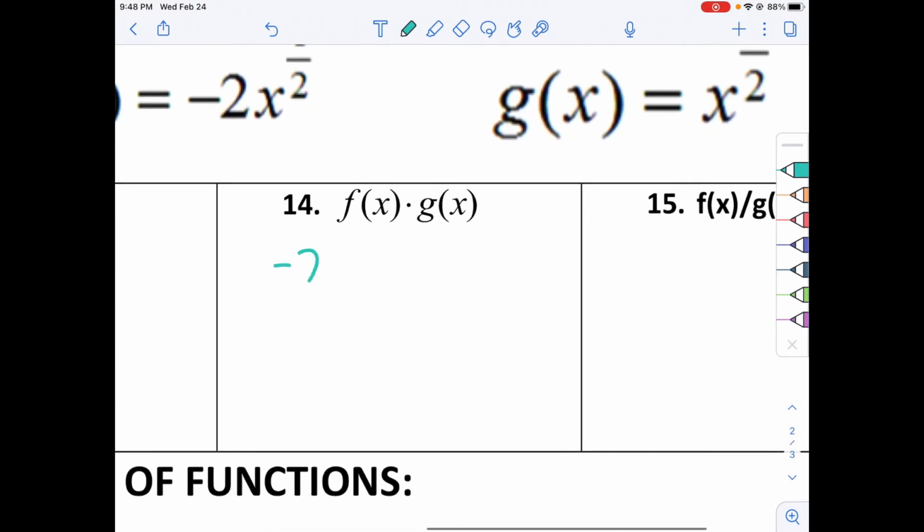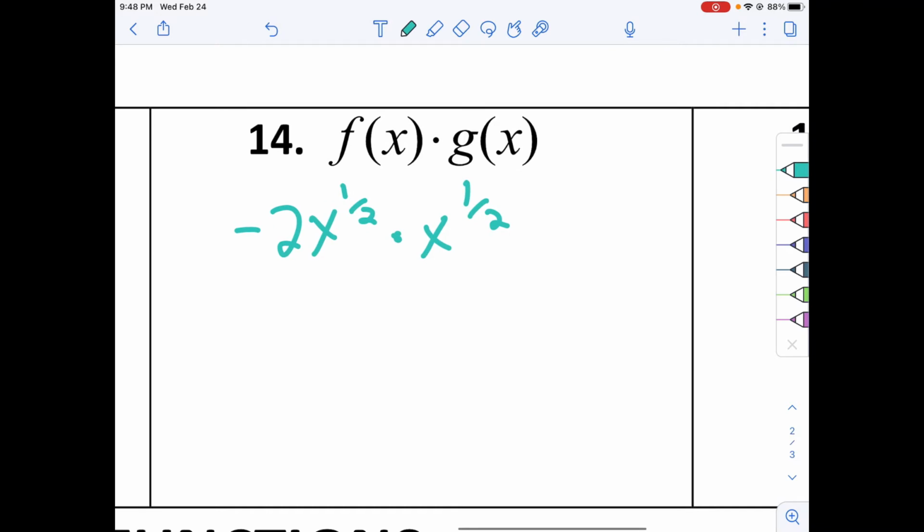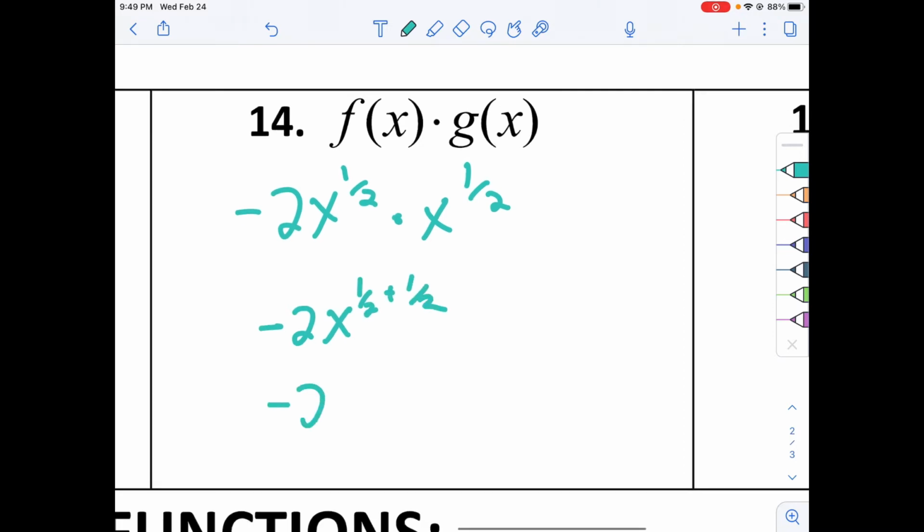Next, we have negative 2 x to the 1/2 multiplied by x to the 1/2. So we have negative 2 times 1, which just gives us negative 2, x to the 1/2 plus 1/2 in the exponent, so that's just negative 2 multiplied by x.